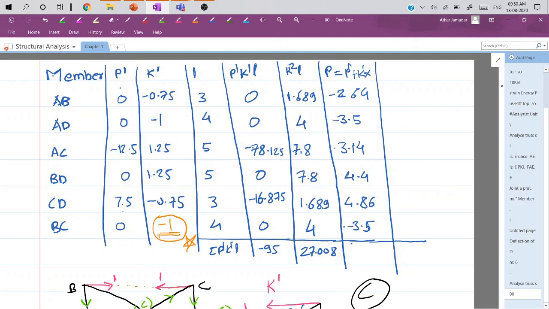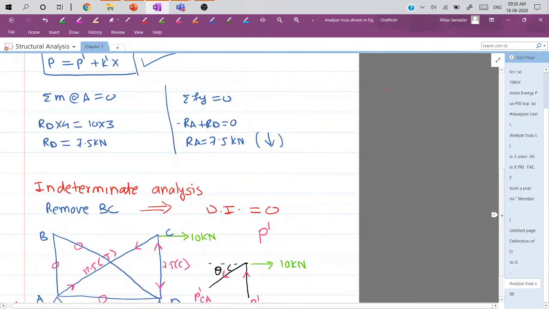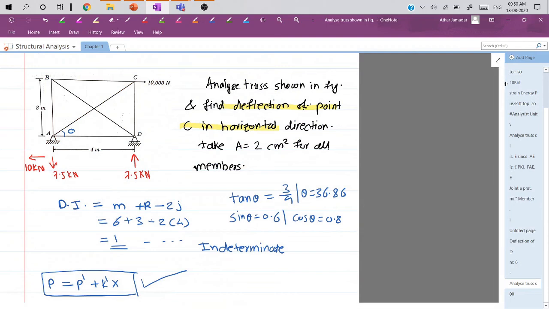Now after this we again have to find out the deflection at joint C. So how to find out that deflection?